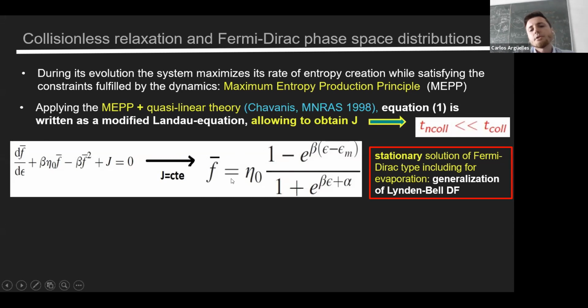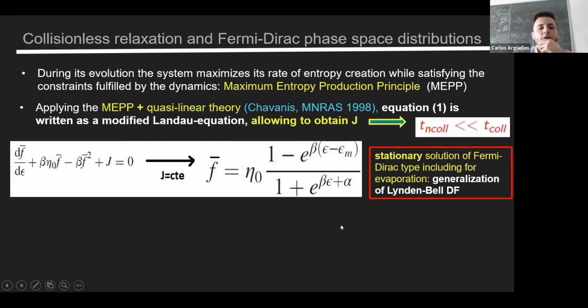So interestingly, the form of this phase space distribution of particles at relaxation is of the Fermi-Dirac type. You can recognize here in the denominator this Fermi-Dirac form, and the numerator has a cutoff in energy, saying that for energies of particles above the cutoff energy, it talks about the evaporation of particles above a given energy.